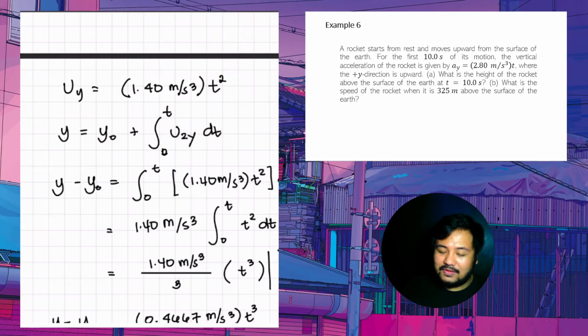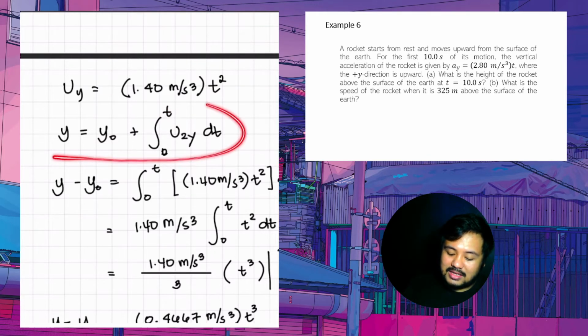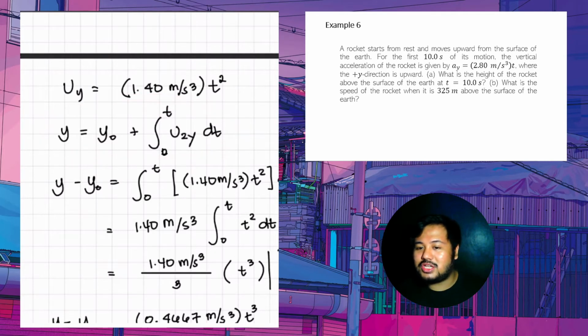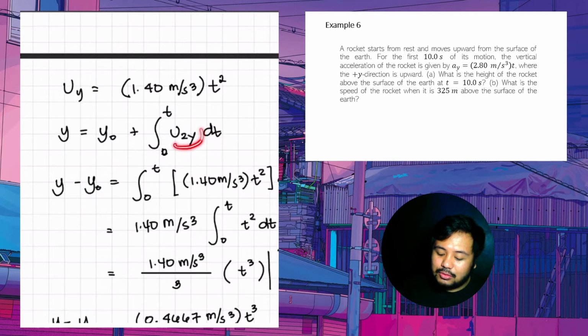And from the previous lecture, we have this equation wherein we have the change in position, or we have y equal to yo plus the integral of vy dt evaluated from 0 to t. We already know this should not be v2y.